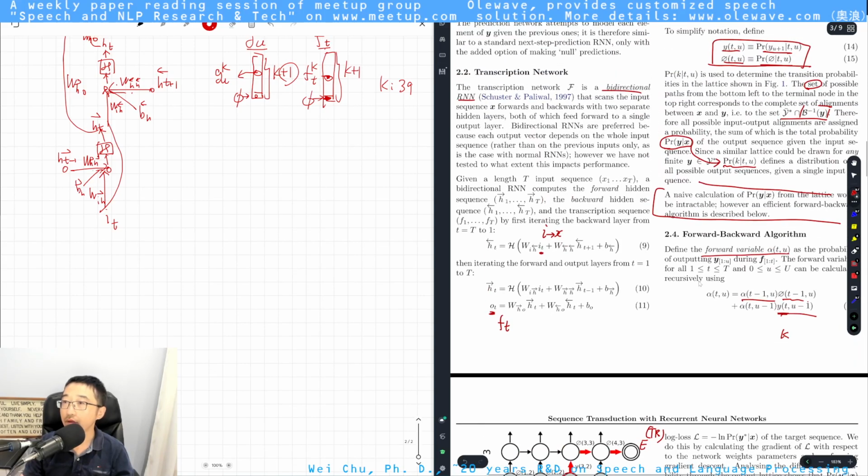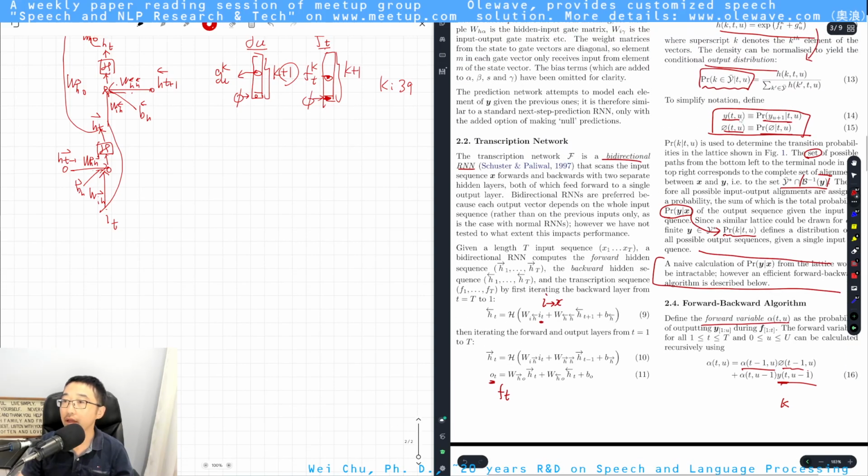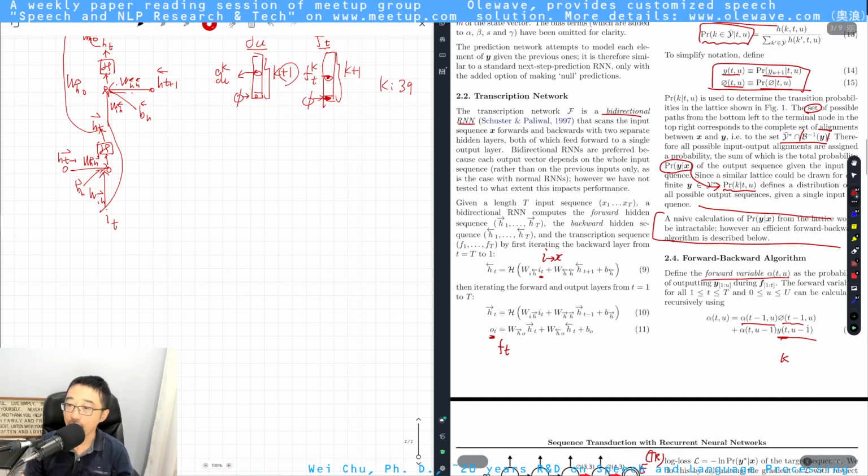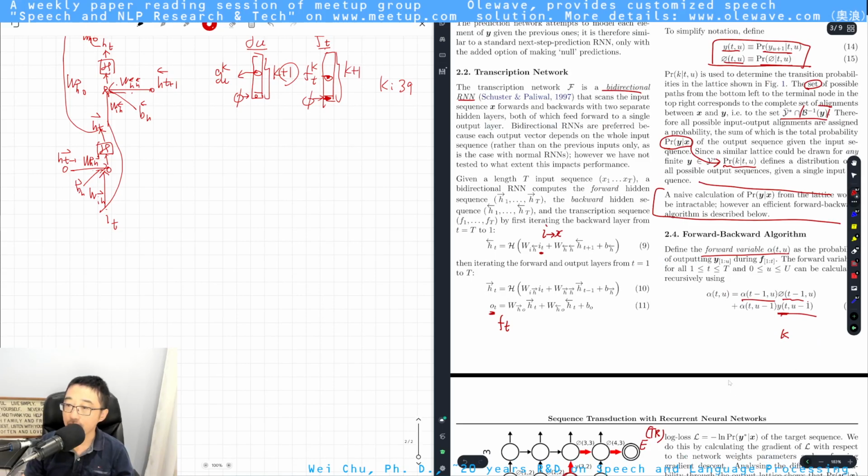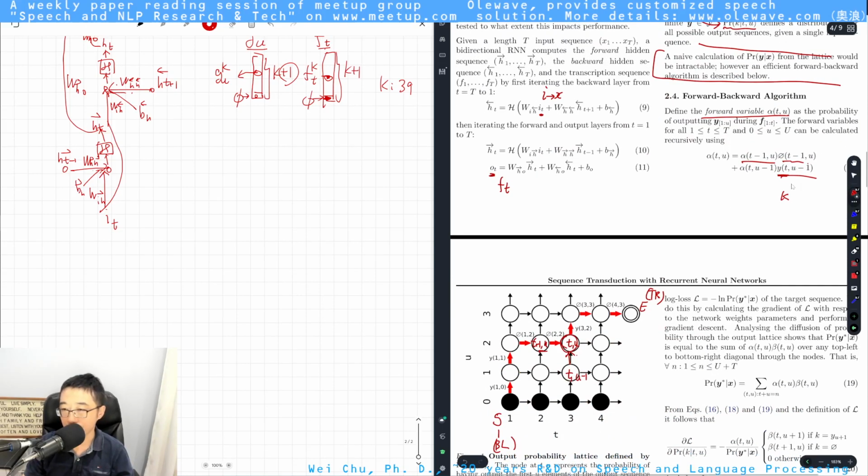Remember, you see his notation? The y t u is a vector. So given all the k, for all the k, it will just add on top of this, okay? It's a vector.